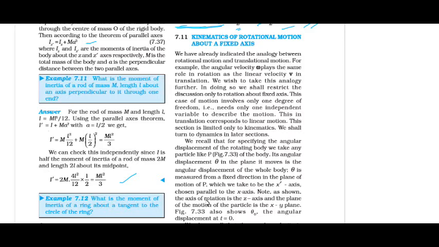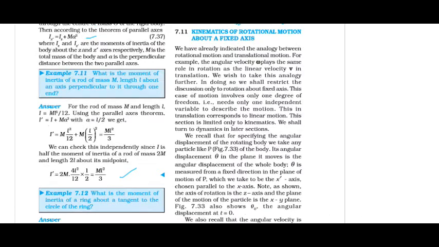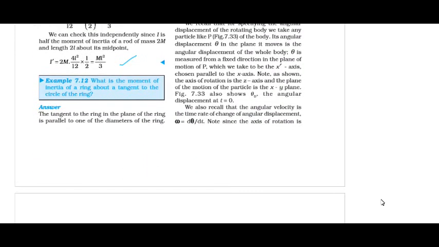Note, as shown, the axis of rotation is z-axis and the plane of motion of the particle is xy plane. Then figure 7.33 shows theta 0, the angular displacement at t is equal to 0.